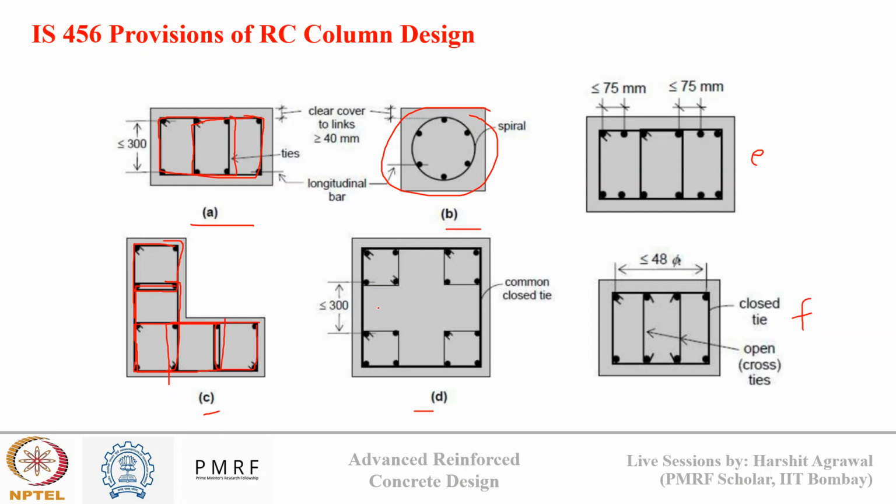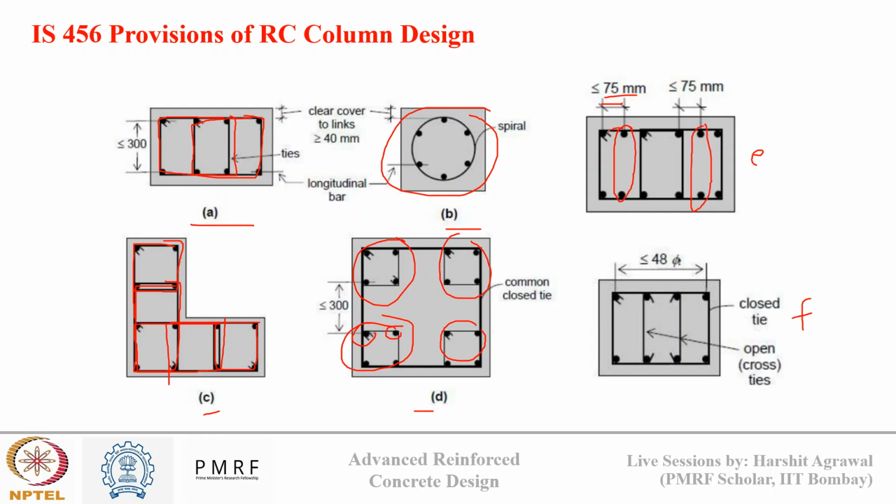If there are more bars present, we can arrange them like this also, concentrated near the corners, and the tie bars are also concentrated near the corners. If the distance between two bars is less than 75 mm, then we don't need to provide additional ties for these reinforcement sets.